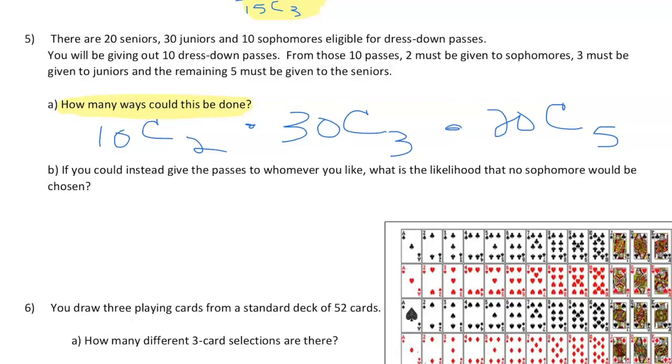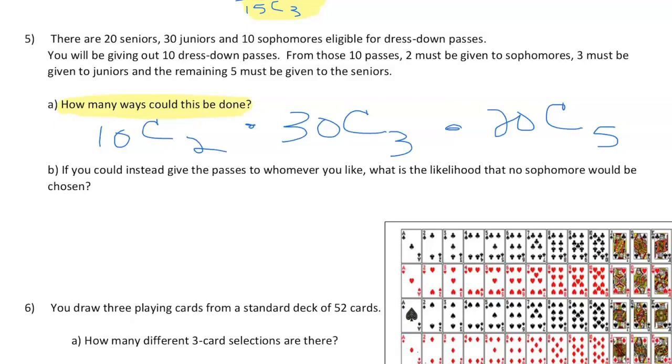Okay, so then it says, if you could instead give the passes to whomever you like, what is the likelihood that no sophomore would be chosen? So how about, what is the likelihood that for 10 passes, 10 sophomores are chosen? Wouldn't it be 1 minus that?